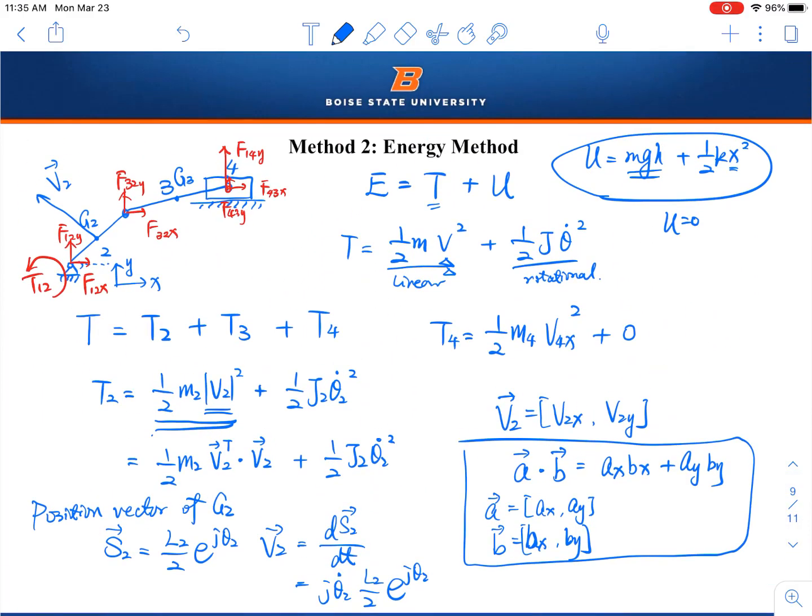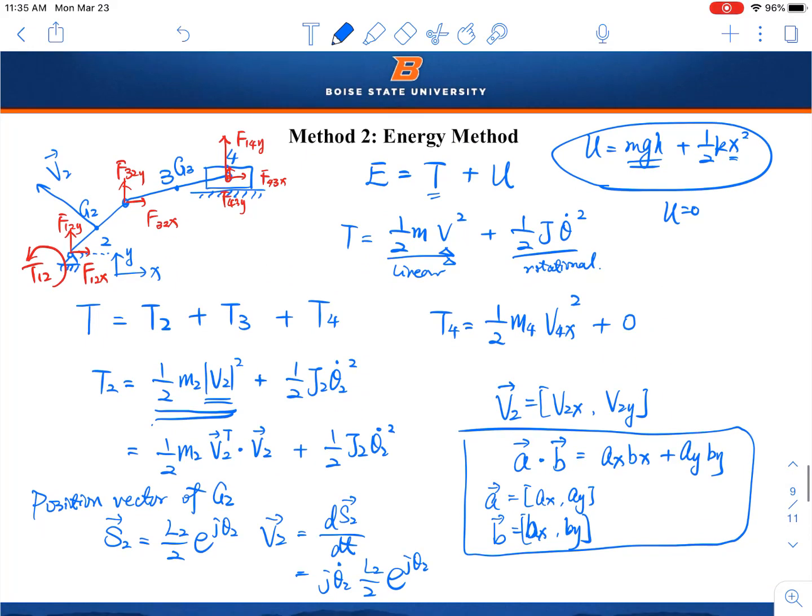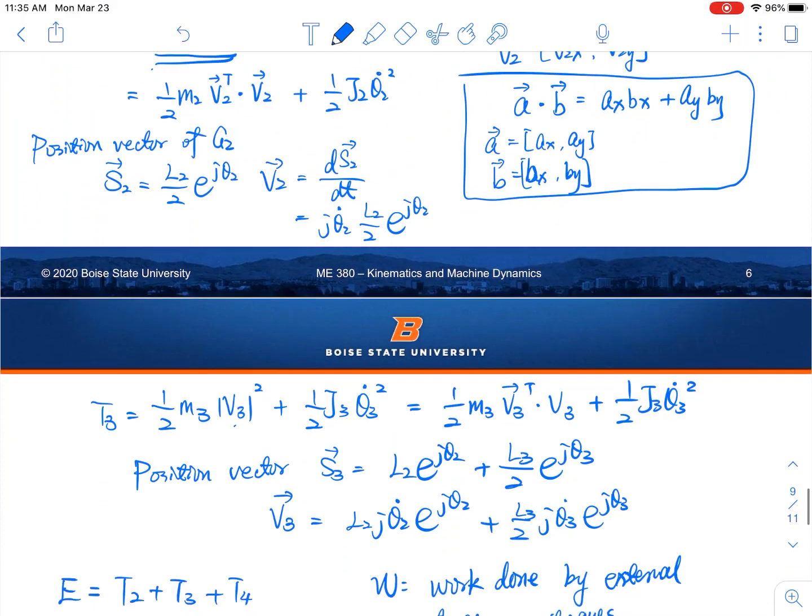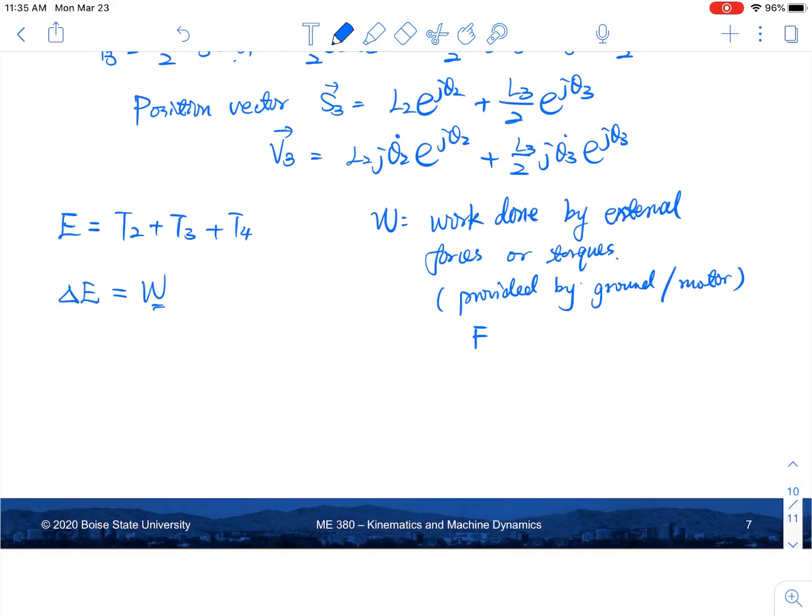We have F12x, F12y, and the normal supporting force F14y, and the external torque T12. So these are the external forces of the system. Then we need to find out how much work has been done by all of these forces.